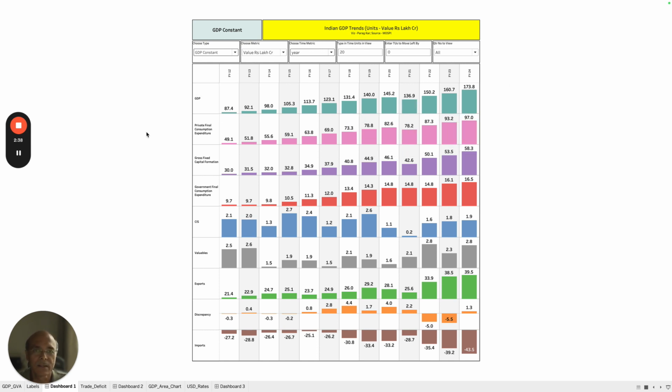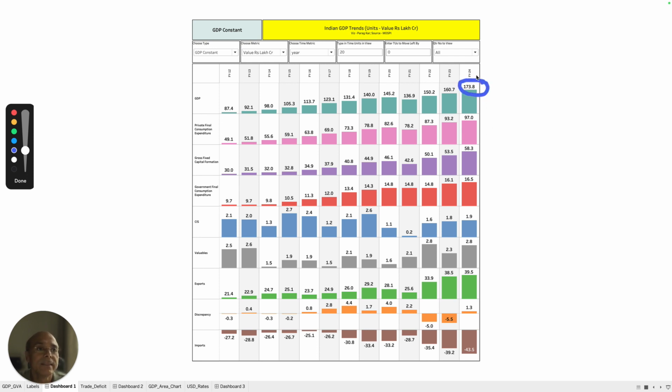The dashboard in front of you is basically showing the GDP constant number in value, rupees lakh crores. Let me pull my pen, and I'm going to show you the real number is 173.8 lakh crores. This is the number you should be focusing on.